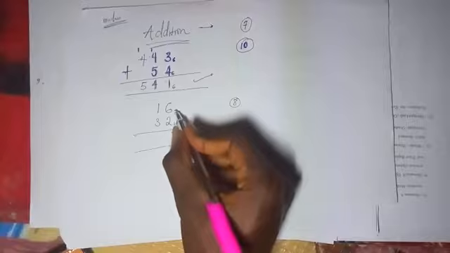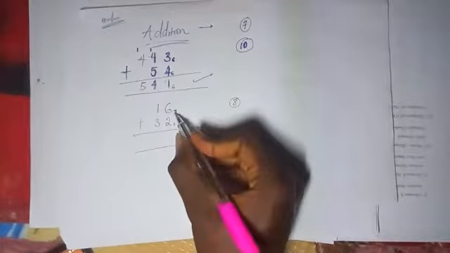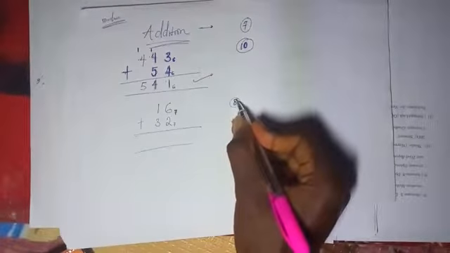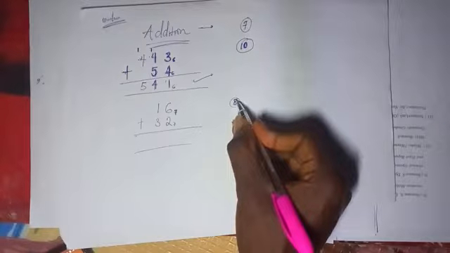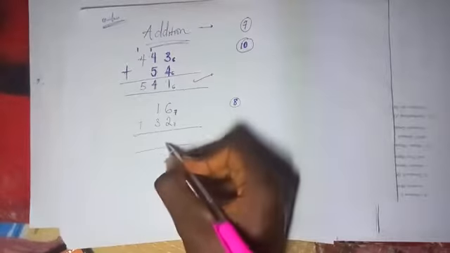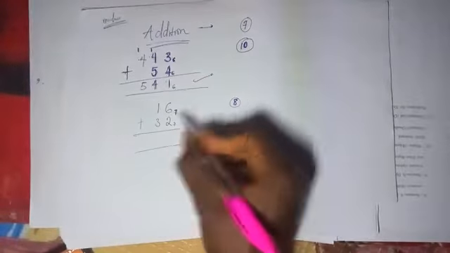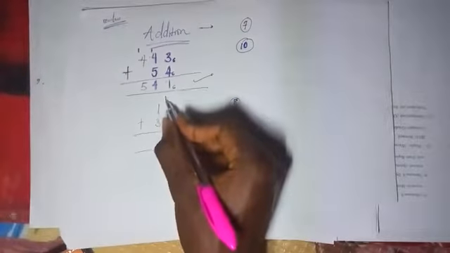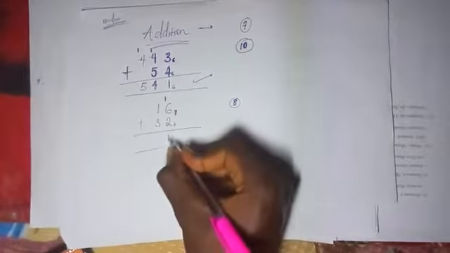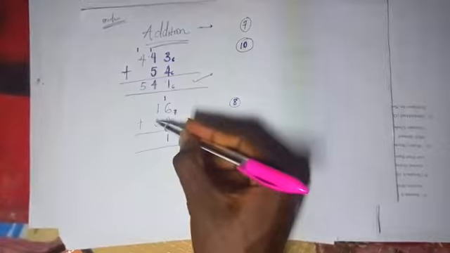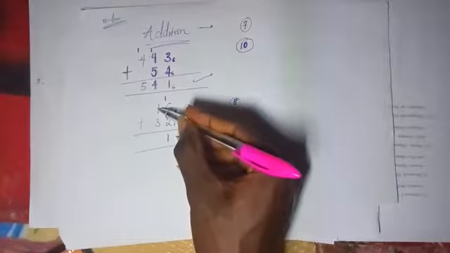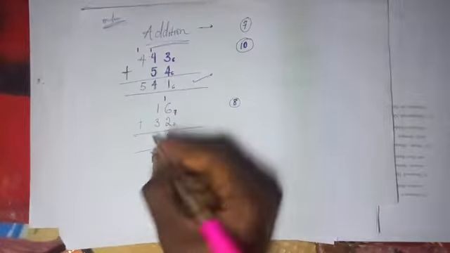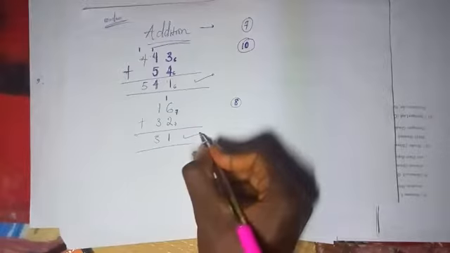Can I write 8? No, because I need to write my answer in base 7. So how many 7 can you see in 8? That's 1. The 1 will serve as a carry. So what's the remainder? The remainder is 1. So again, what is 3 plus 1? 3 plus 1 is 4, plus this one, that is 5. So this is the final answer.